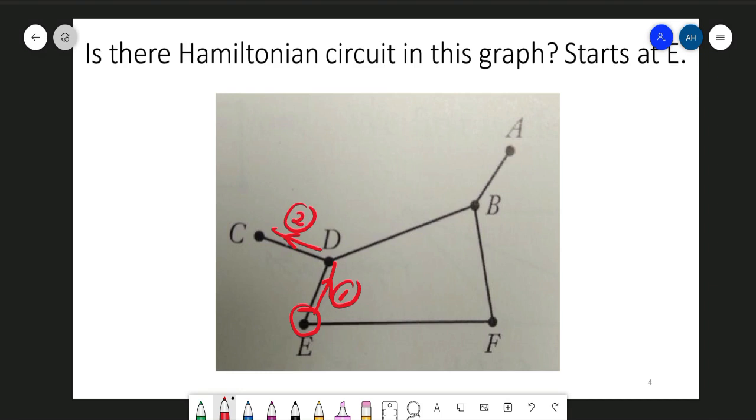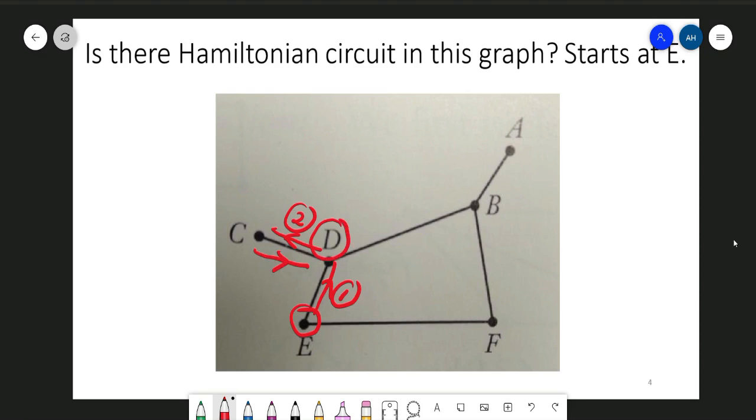Alright. So now from C, we want to go to some other vertex, for example B. So we have to return this way. But if we do that, that means we already pass this vertex D 2 times.